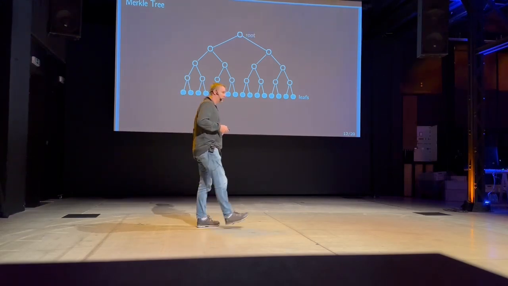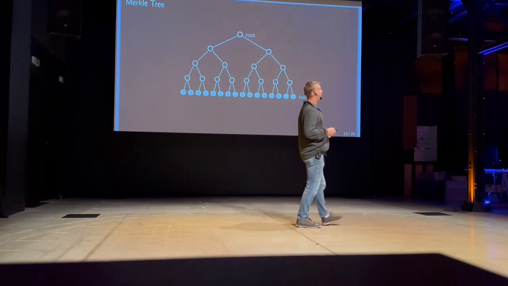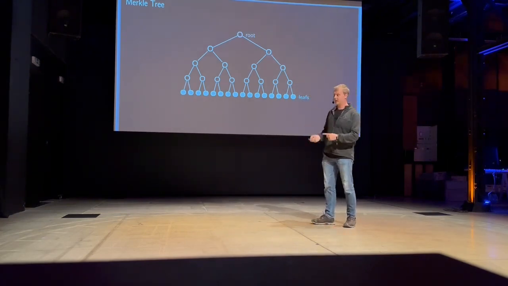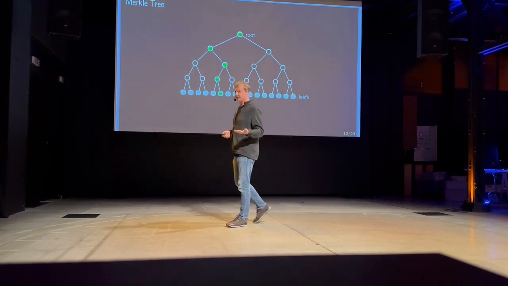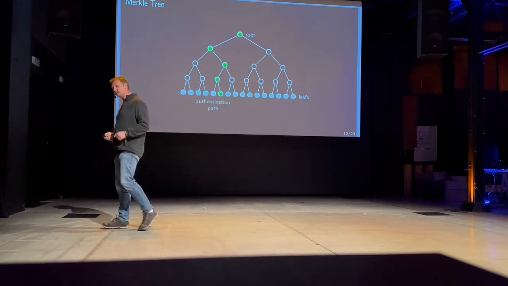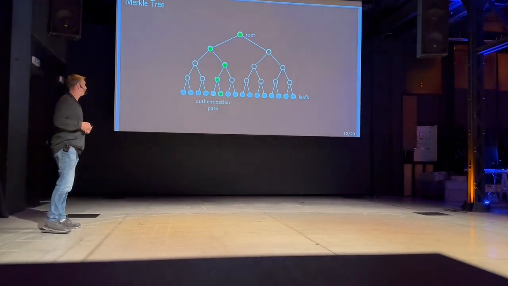So if you do that, you end up with a single digest called the root. And if you want to authenticate the membership of any one of those leaves in the Merkle tree, then you first trace the path from the leaf to the root, and you identify all the siblings, and the set of siblings is called the authentication path.